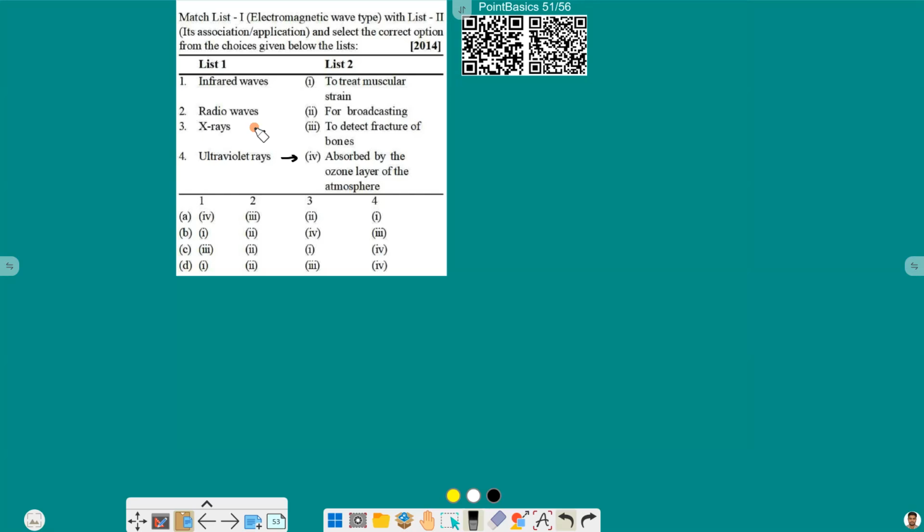We normally take X-rays of the bones, so 3 will match with 3. Now, infrared waves are heat waves, so they are used to relieve stress or strain from the tissues. So the first will match with 1, and the second should match with 2. That is a direct mapping, and that is given in option D.